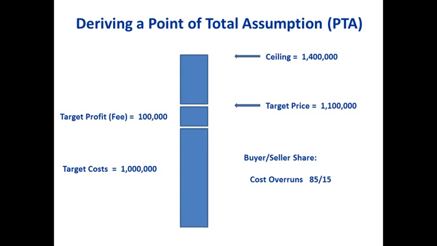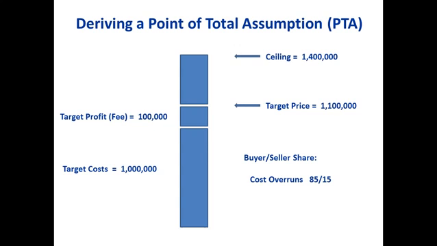But if they do, we, the buyer, are only going to pay you 85 cents on the dollar, or 85 pence on the pound. You're going to have to pick up the remaining 15% of the cost overruns. And of course, that split would be negotiated, but let's say we eventually settle on that.